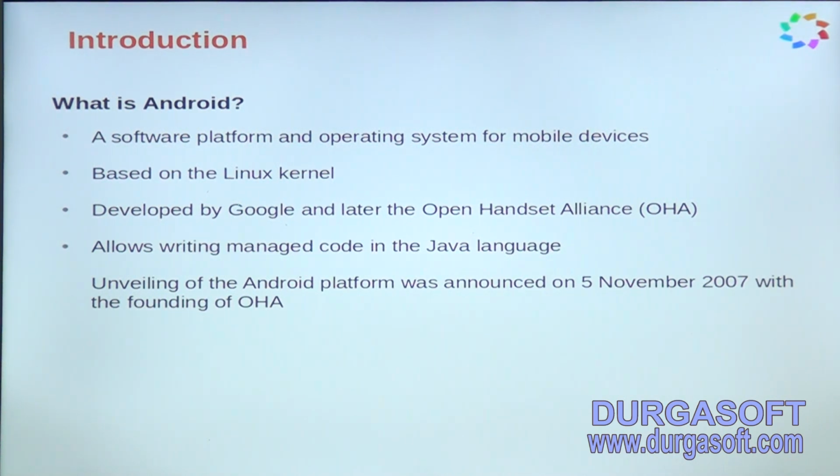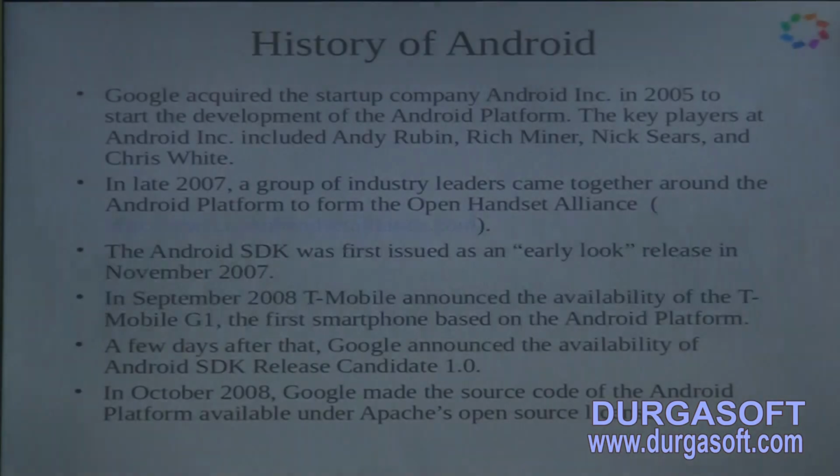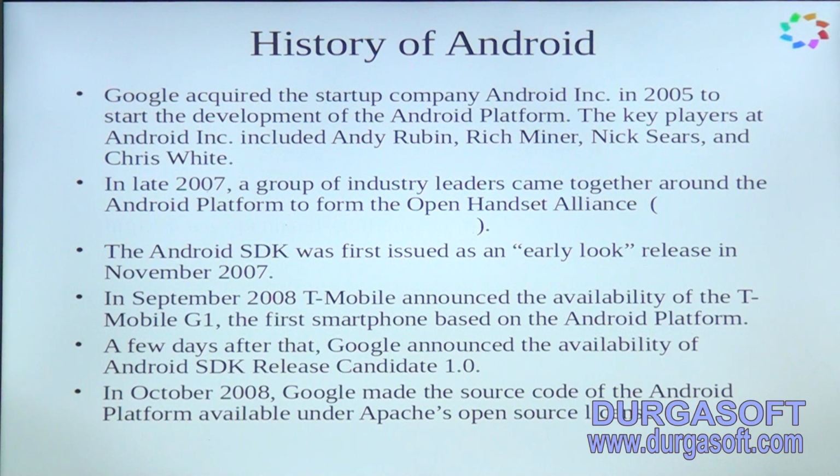The very first Android phone was announced on 5th November 2007, founded by OHA. Later, a mobile phone was released by T-Mobile in 2008, announced as the very first Android mobile in history. It's called the T-Mobile G1.